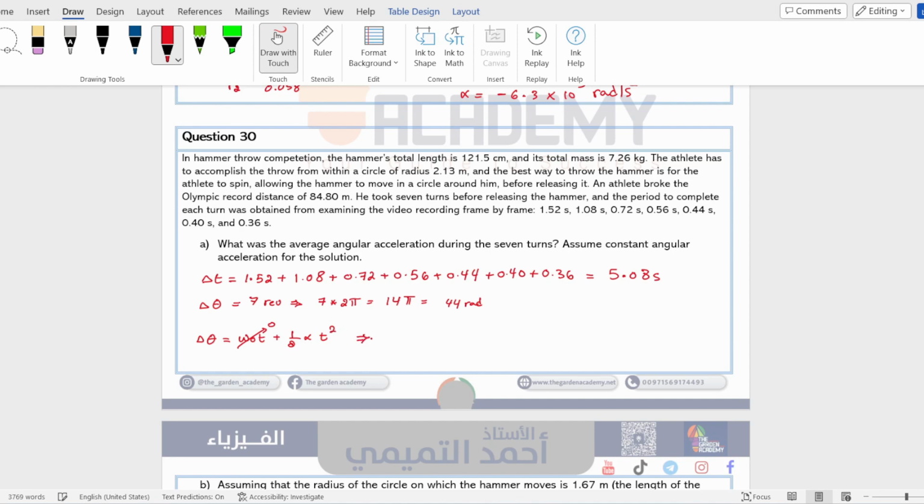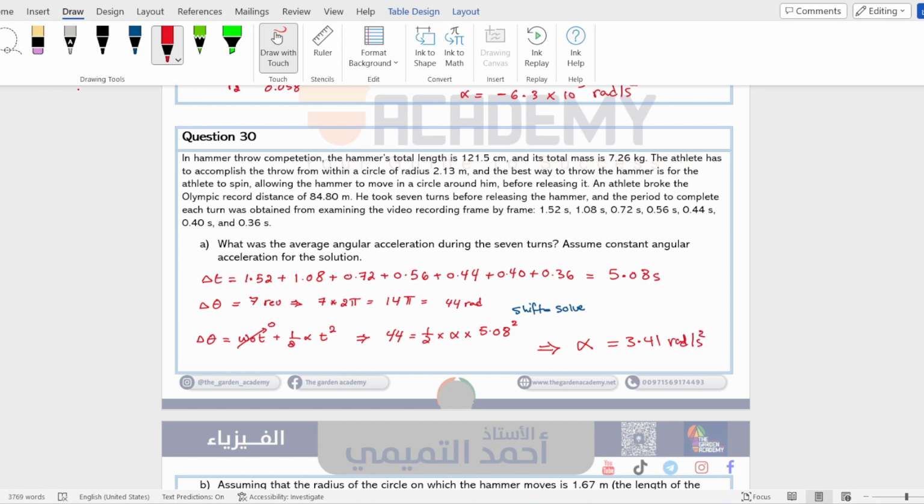Let's do shift solve here. 44 is equal to half times alpha times the time squared, which is 5.08 squared. By doing shift solve, we get that alpha is equal to 3.41 rads per second square. This is for the first part.